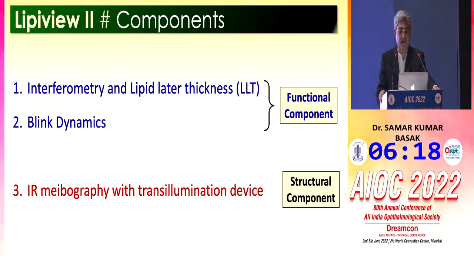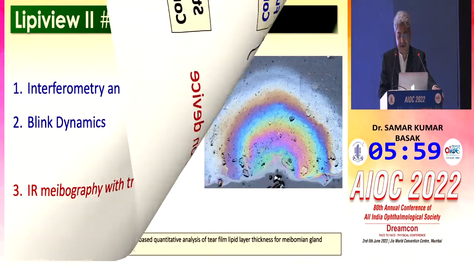There are 2 components of the LipiView system. One is the functional component, the second is the structural component. In the functional component, we can see interferometry, lipid layer thickness and blink dynamics. And in the structural component, we can see infrared meibography with a transillumination device.